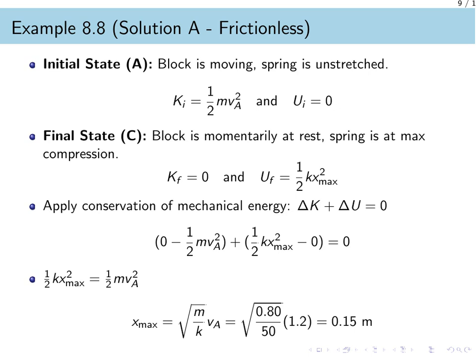Substituting these into our conservation equation gives the quantity 0 minus 1/2 m v sub A squared, plus the quantity 1/2 k x max squared minus 0, equals 0. This simplifies to 1/2 k x max squared equals 1/2 m v sub A squared. We are solving for x max, which is 0.15 meters.